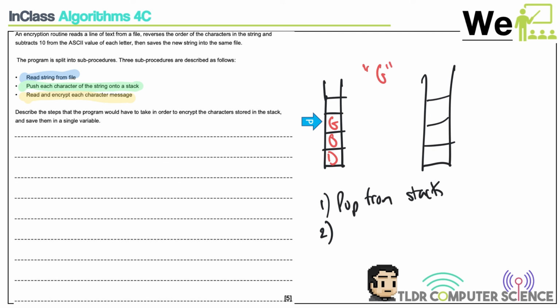What do I do with it? Because the next thing I want to do is then push it onto a new stack, yes? So, what did I say I want to do with it? Don't worry about the functionality too much.